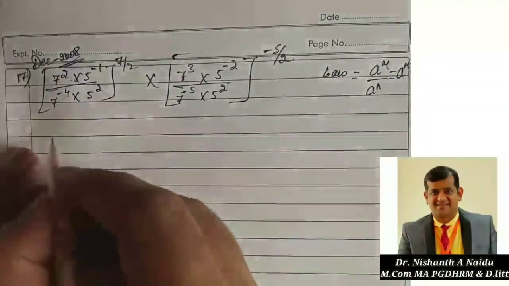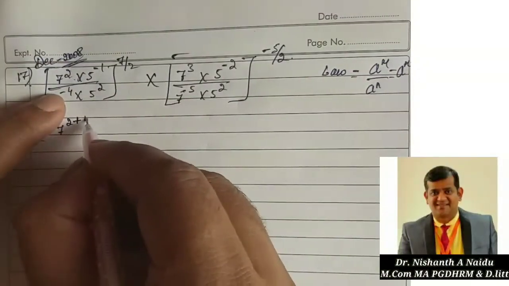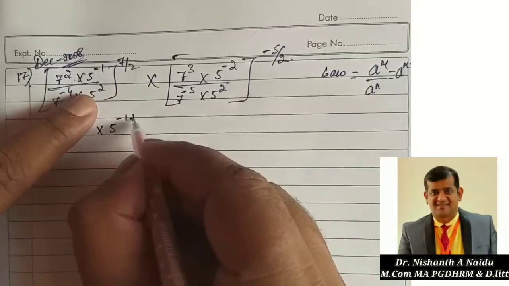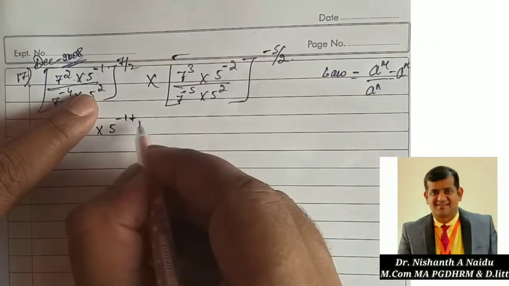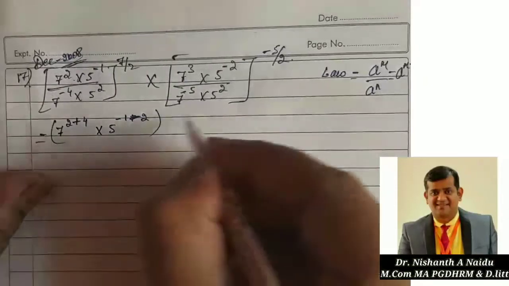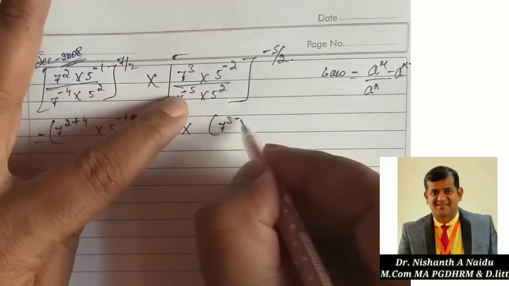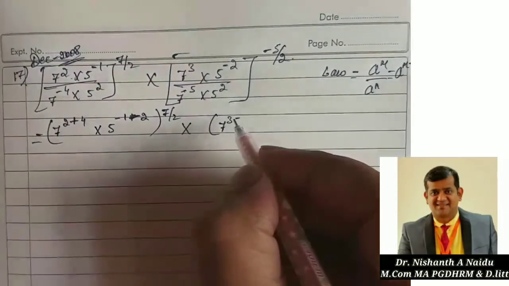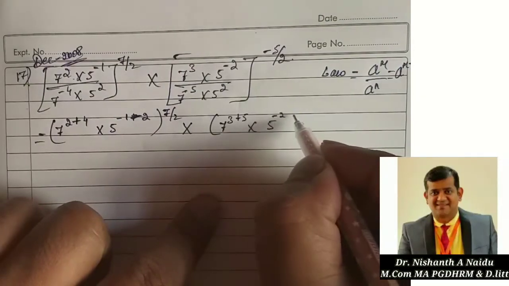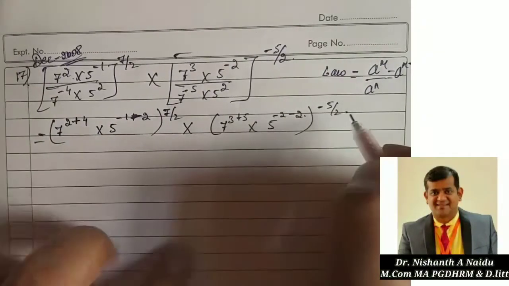So 7 to the power of 2 minus minus 4 will become plus 4, into 5 to the power of minus 1 minus 2, so that will become minus 3, whole power 7 divided by 2, into in the same way 7 to the power of 3 minus minus 5, that is plus 5, into 5 to the power of minus 2 minus 2, whole power minus 5 divided by 2.